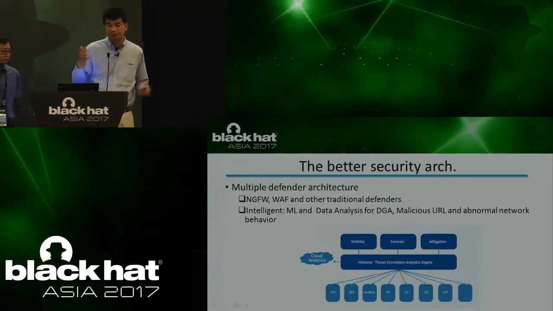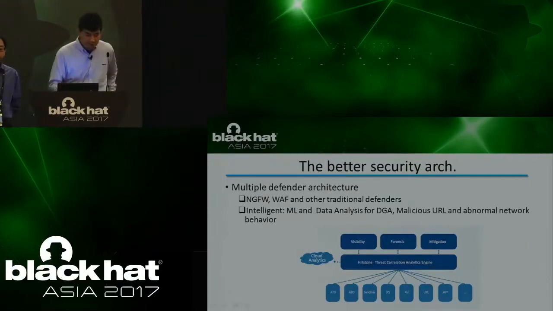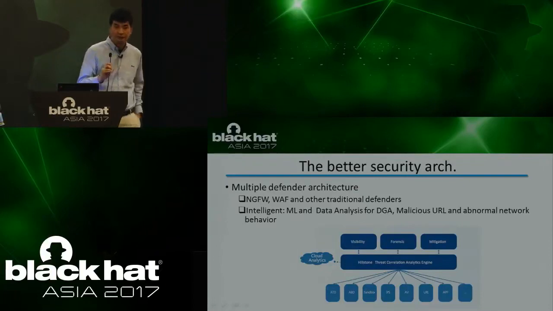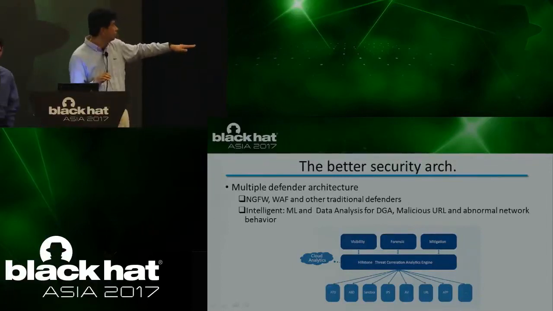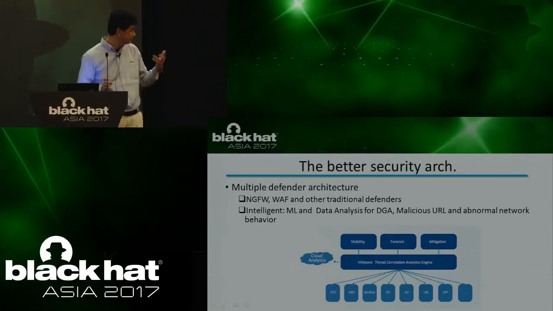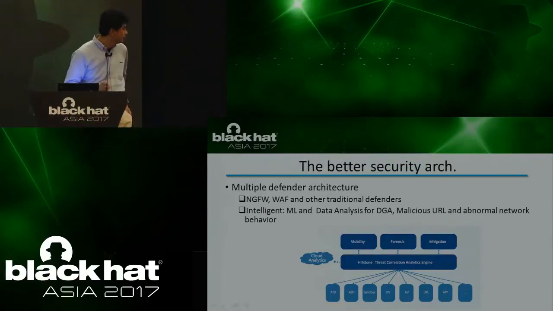Let's get back to the architecture. This is one simple architecture. Like I just said, we call it NG forward, which means not only intelligent, but also fully functional next-generation. In the lower part we have multiple defenders, from IPS, sandbox, and intelligence.